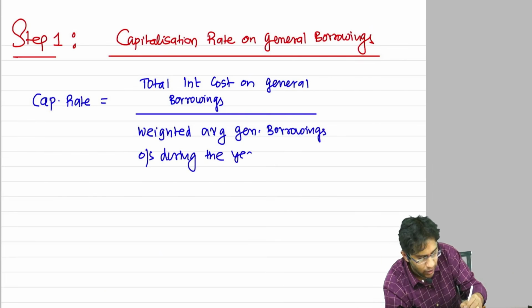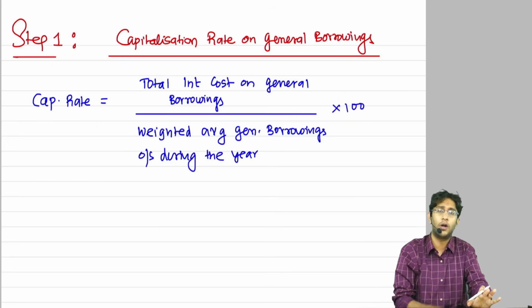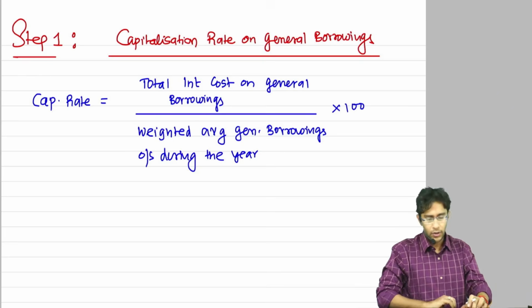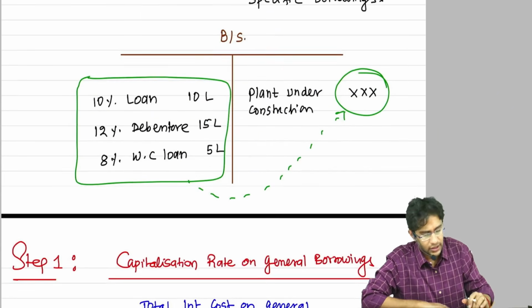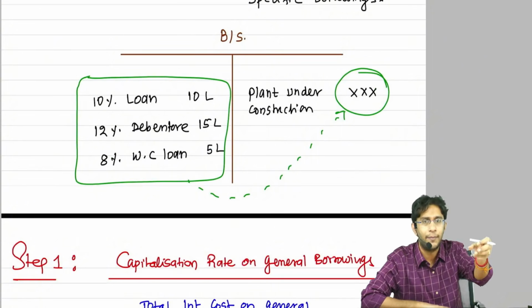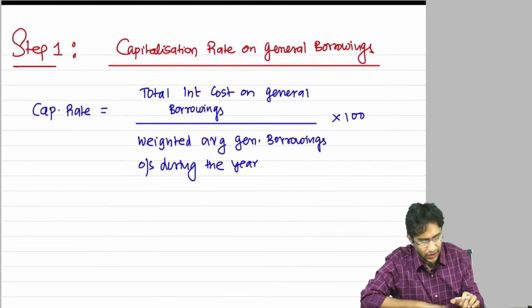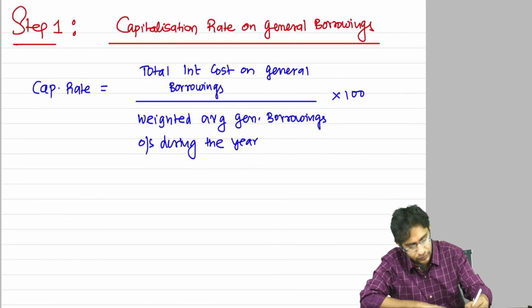See, the formula looks a little heavy, but it has a lot of meaning in it. Whatever borrowings are there, all the borrowings' interest goes in the numerator. The borrowings' amounts go in the denominator, into 100. Sir, you told something about weight and all. What is that? I'll tell you.